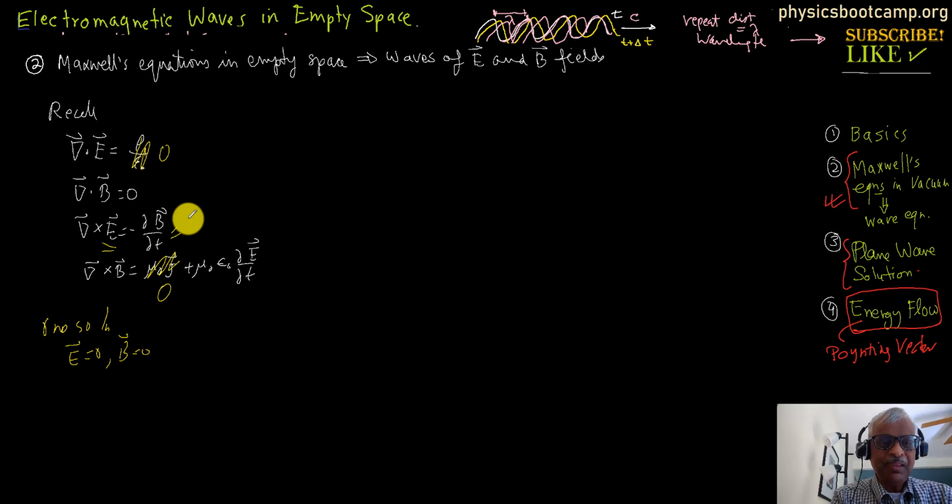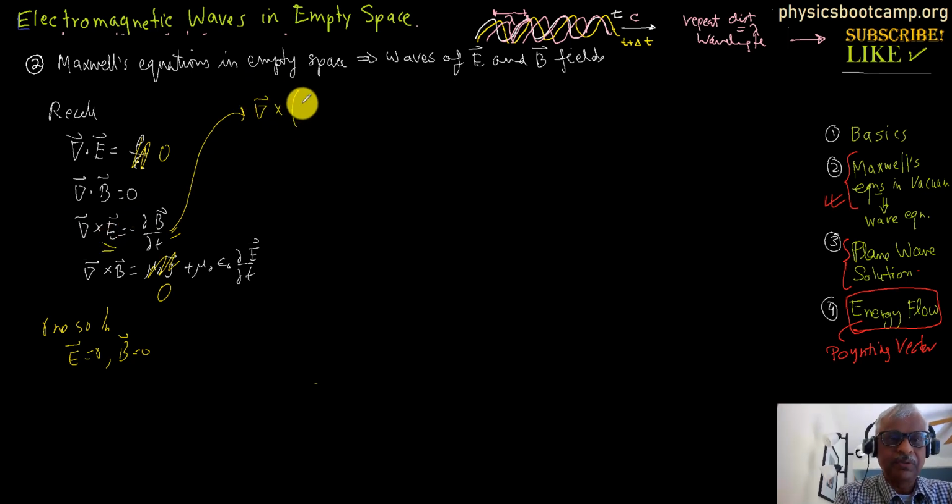So I want to get a wave equation. If I hit this with del cross, I get the curl of this.